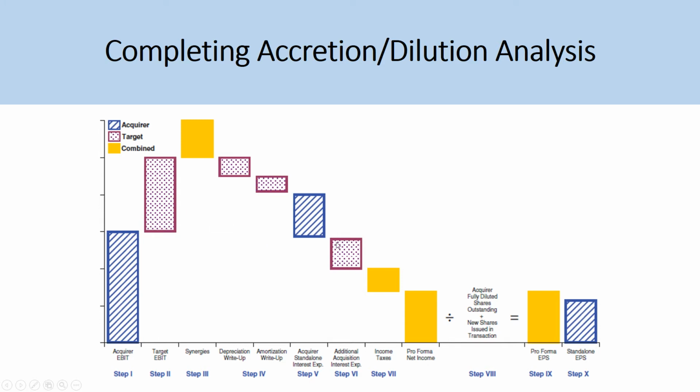You then also account for any new incremental interest expense from that transaction. You then take away taxes because now you have earnings before tax, right? So EBT. And then you get your pro forma net income. And then you can also account for any new shares issued in the transaction to get your pro forma EPS relative to the standalone EPS. And that's essentially the accretion dilution analysis in more of an illustrative way.